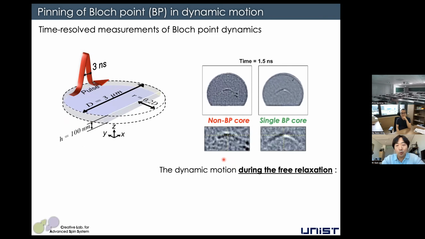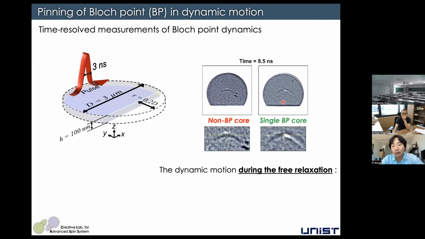Okay, so we measured the relaxation dynamics of the vortex core structure with and without the Bloch point structure. The first one is a non-Bloch point core, indicating just a trivial vortex core structure. So you can see the single color of the core structure, and I hope you can see some very large fluctuations in the first column.